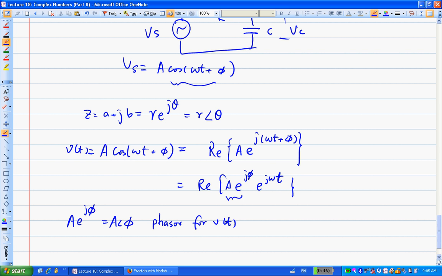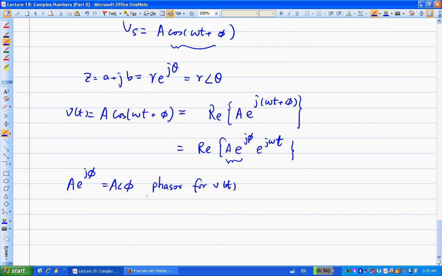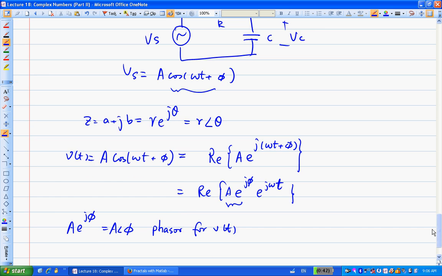It doesn't make sense yet, but you'll see the advantage. It's actually quite simple now. If you have a sinusoidal signal, all you need to do is take A e^{j phi}. That's basically called the phasor.